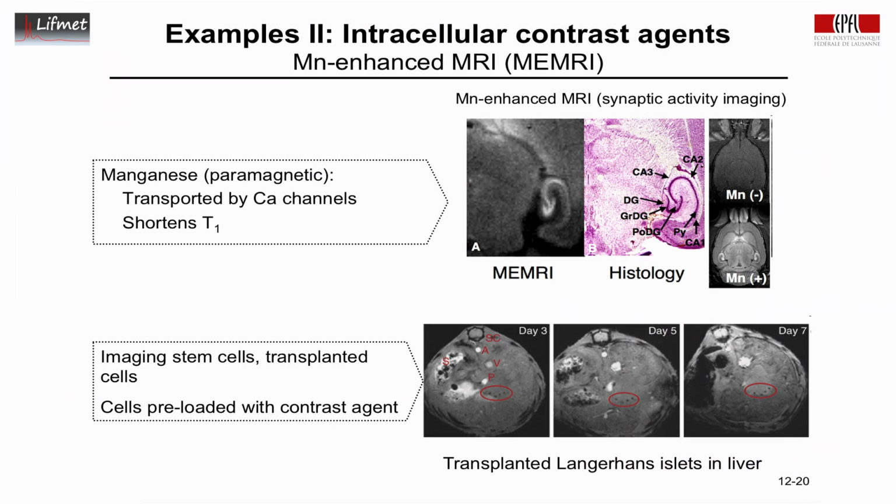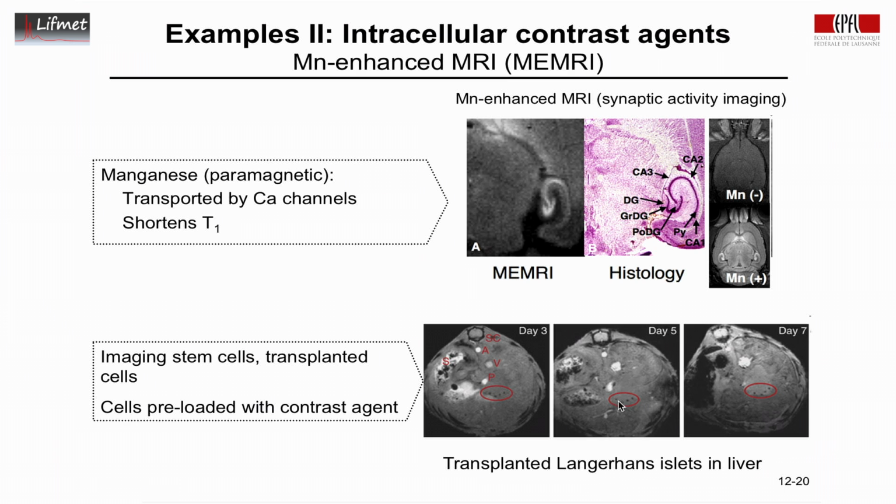So transplantation of islets is a recent form of treatment of type 1 diabetes. These islets are injected into the patient, and one of the questions here was where do these transplanted islets go in the body? There has been a suspicion that they would end up in the liver, and indeed what these images show here are the islets.